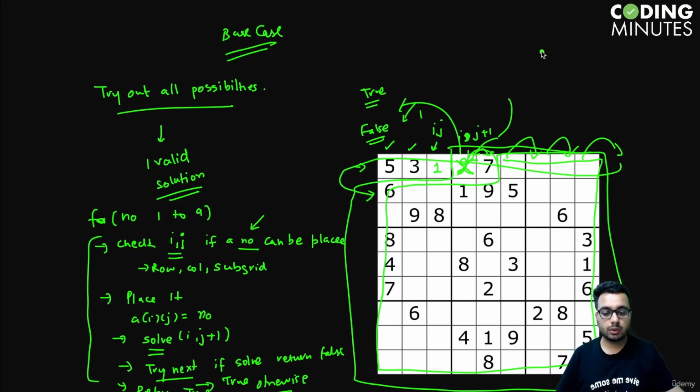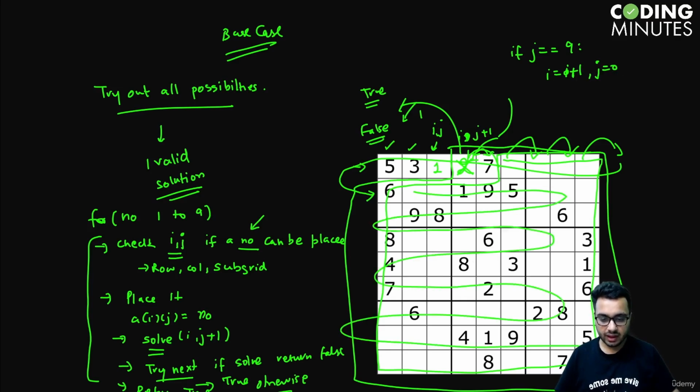If the column, that is j, becomes equal to 9, you go to the next row. That means you put i equal to i plus 1 and j equal to 0. You do this step and keep on going row by row this way.